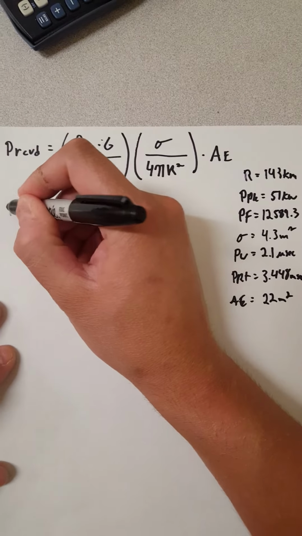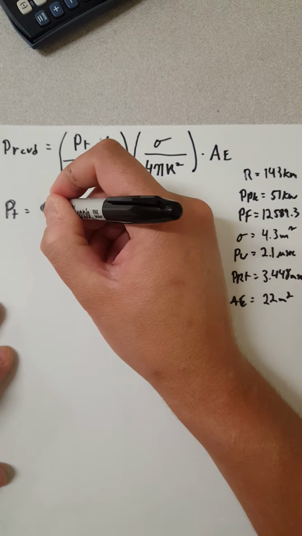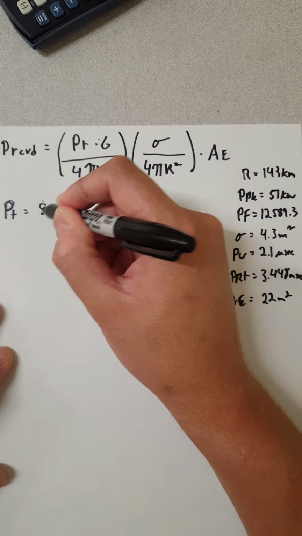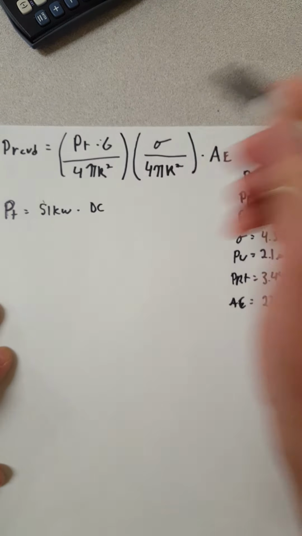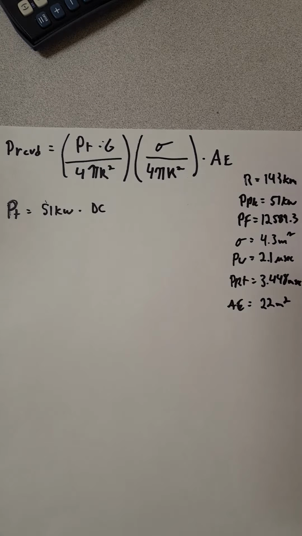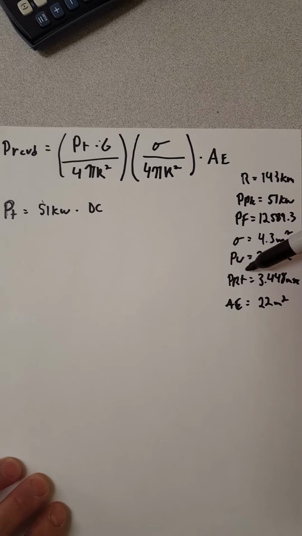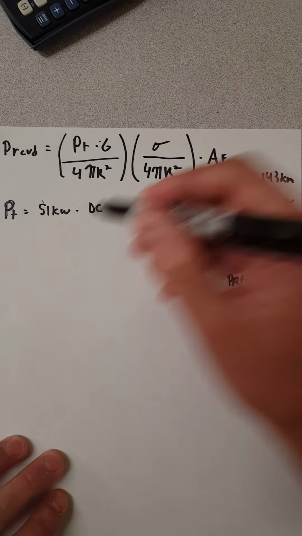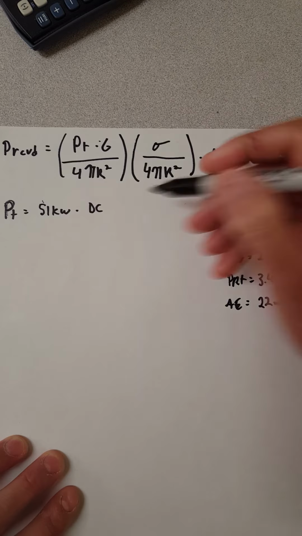As always, the first thing we're going to solve for is the power total, and that's going to be our peak power of 51 kW multiplied by the duty cycle. Well, as we know, the duty cycle you can figure out a few different ways, but in our case, we're given a PRT and a pulse width. So let's go ahead and figure out the duty cycle by doing our pulse width divided by the PRT.